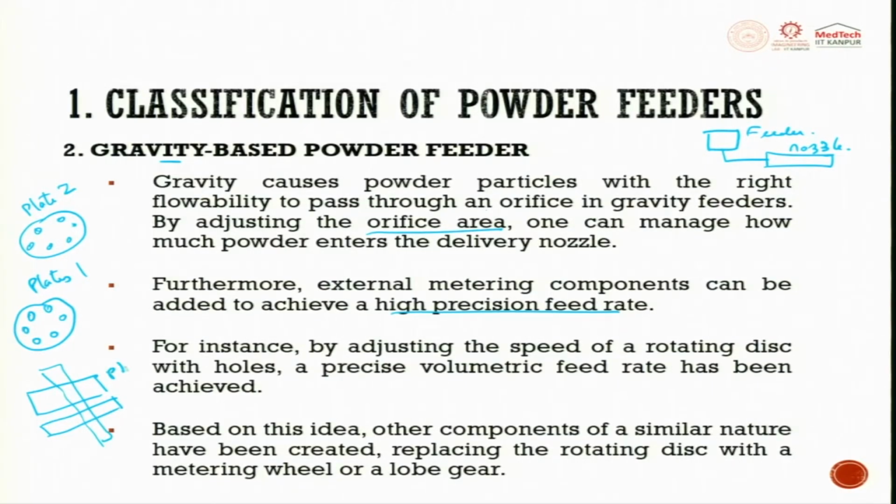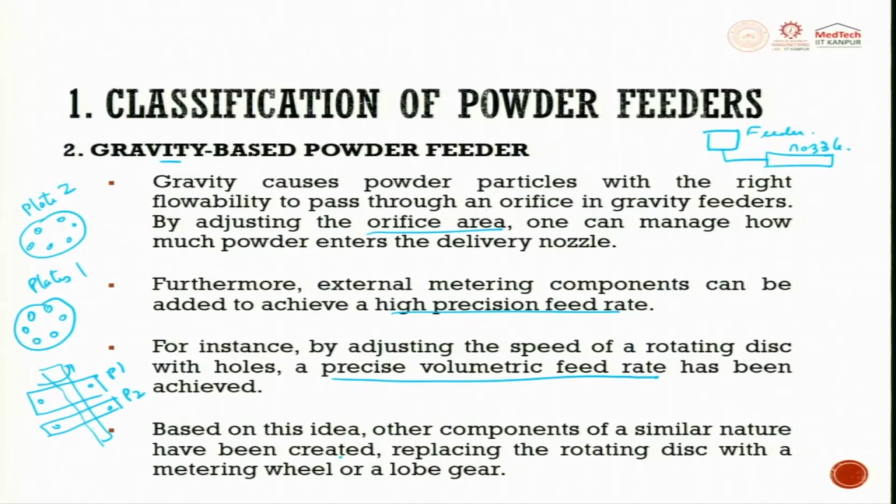This is plate 1, this is plate 2. So, now what will happen? You try to rotate it in such a fashion such that you can have a precise volumetric feed rate. So, here what happens? This will rotate, you can keep this as stationary. Okay. So, every time you can try to control the whole alignment.